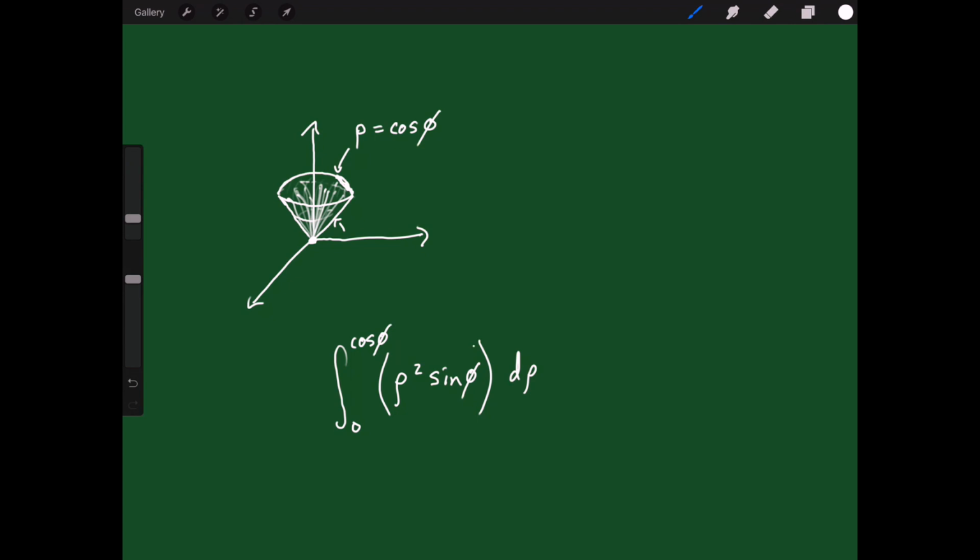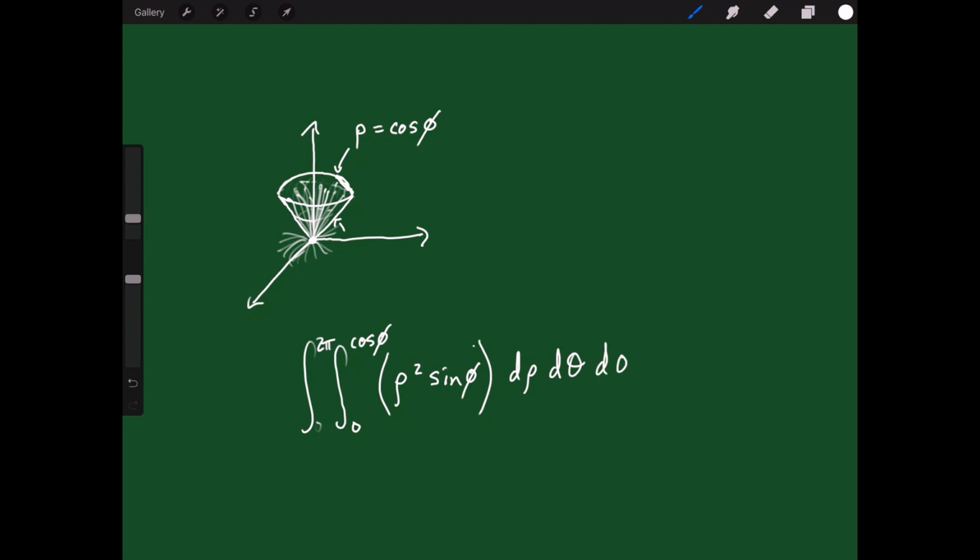Now I need to decide which to do next, theta or phi. It doesn't really matter. Let's say we take theta. Theta starts at 0, and we pick up stuff all the way around the circle, so we go from 0 to 2 pi.